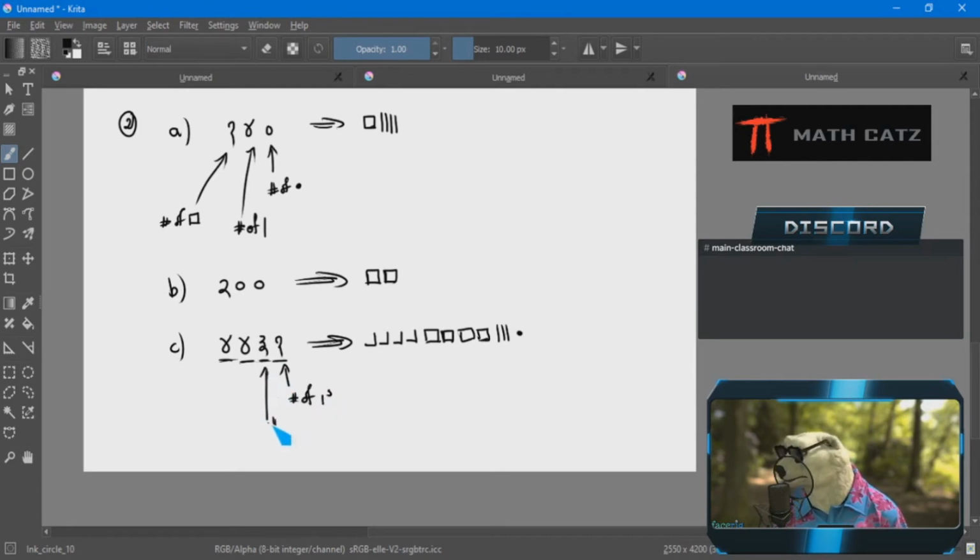The number of fingers is really the number of groups of 5. The next place, the number of hands, really the number of 25s. And next one, number of feet. Well, a foot is 125, so it's really the number of groups of 125.